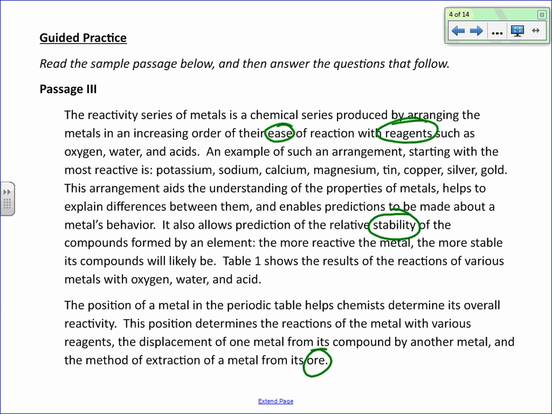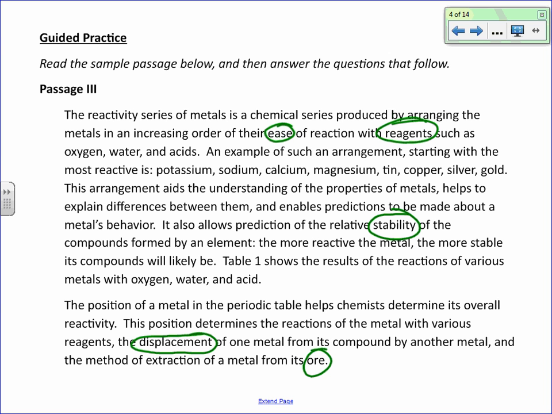Displacement, good. That was one that I was thinking of. Okay. Let's start taking a look through the vocab here.